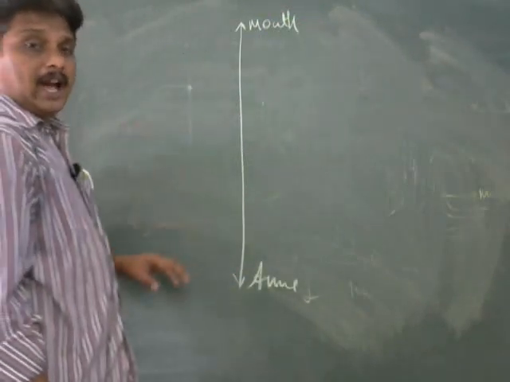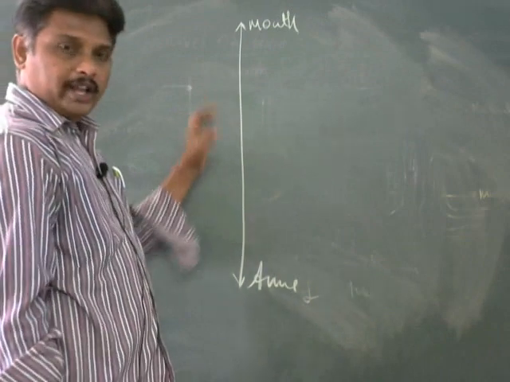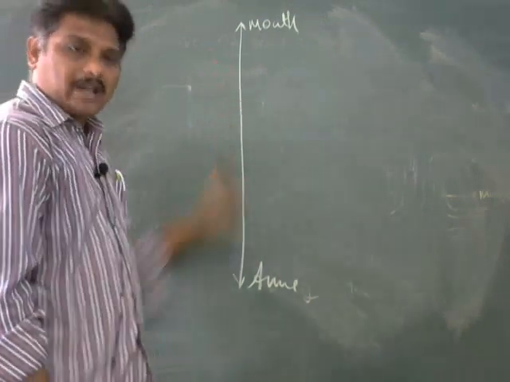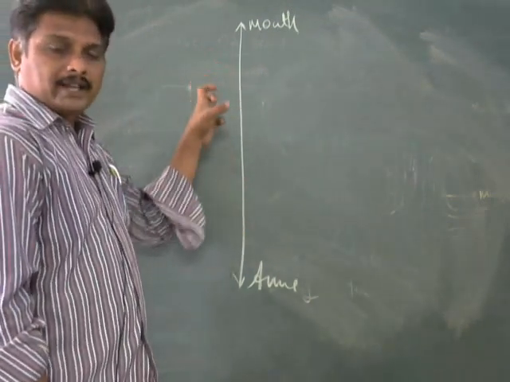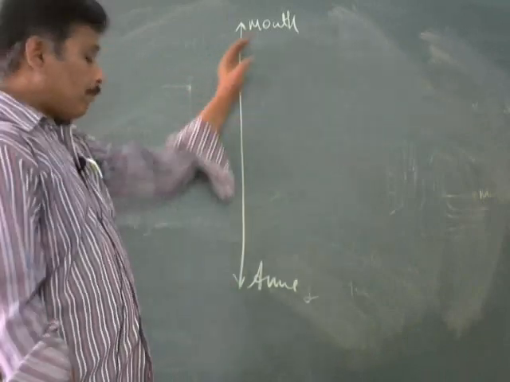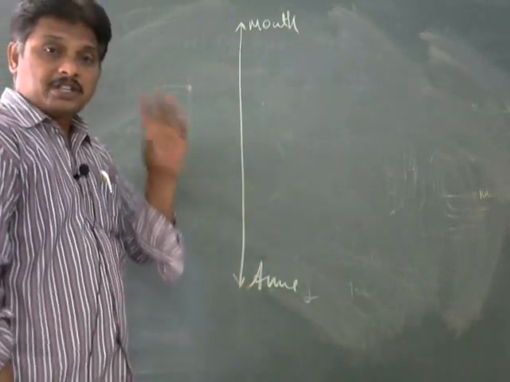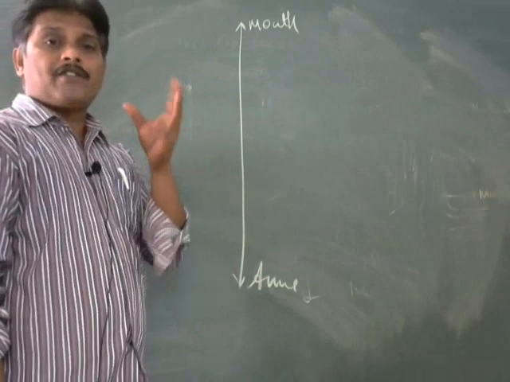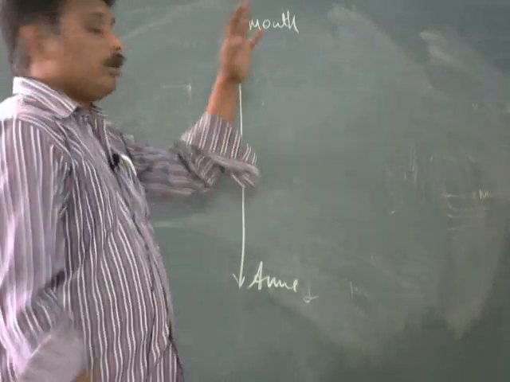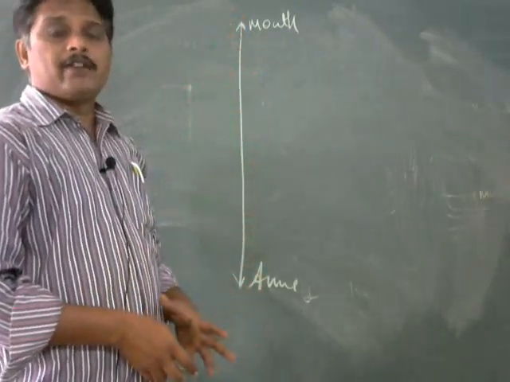The alimentary canal or gut, or digestive tract or gastrointestinal tract, from mouth to anus, is padded with a number of nerve cells. Padded with means it is covered with a number of nerve cells.